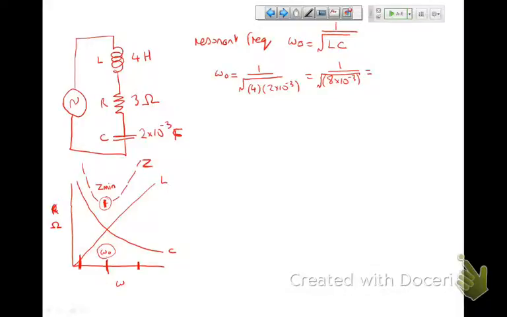So now I need my calculator, which I happen to have in my pocket. That is going to be square root of 8 times 10 to the minus 3, and inverse of that. Inverse. 11.18.